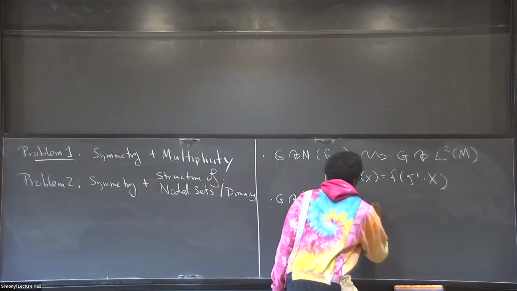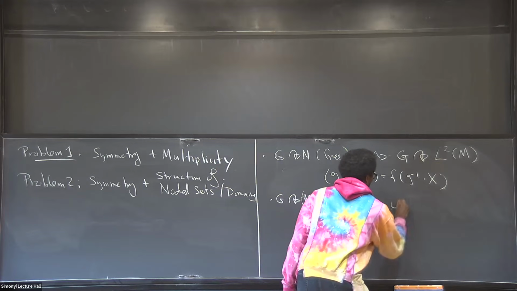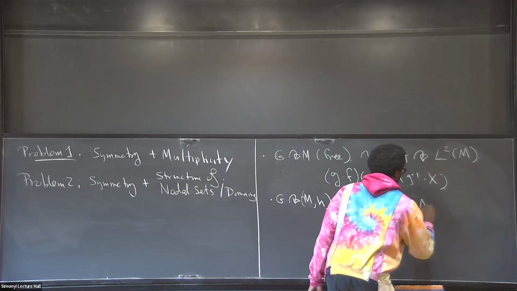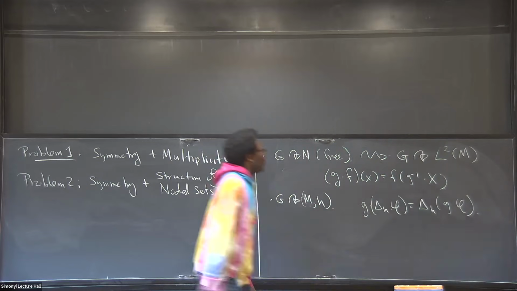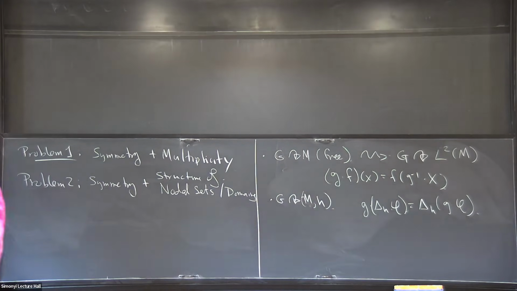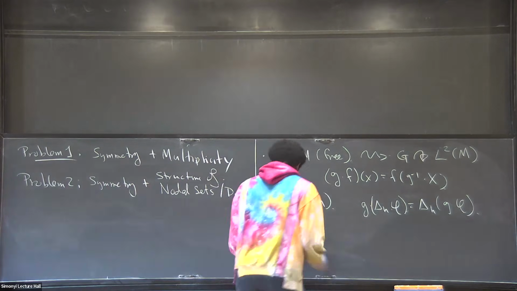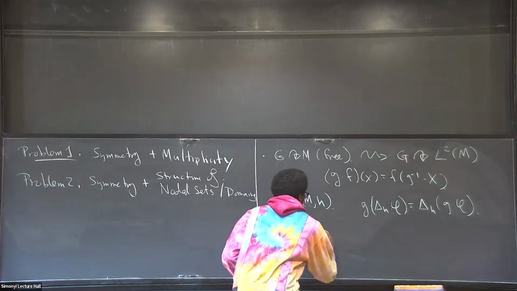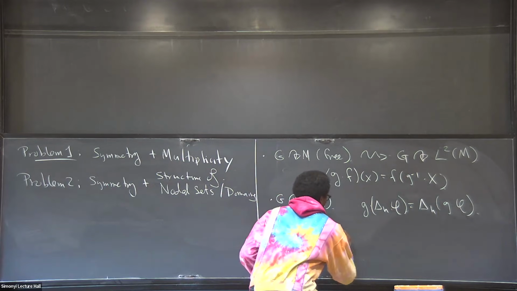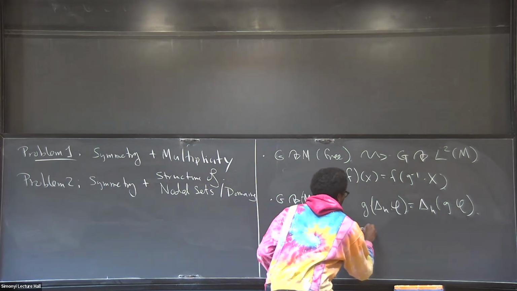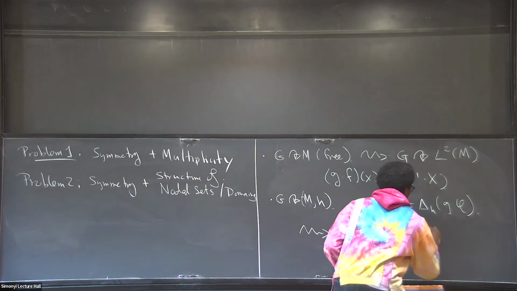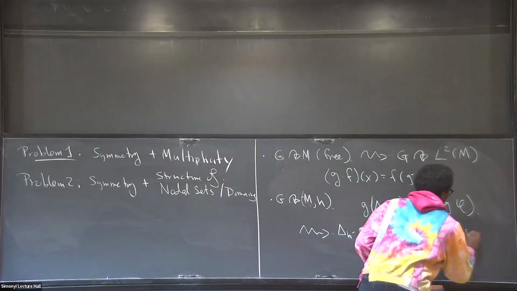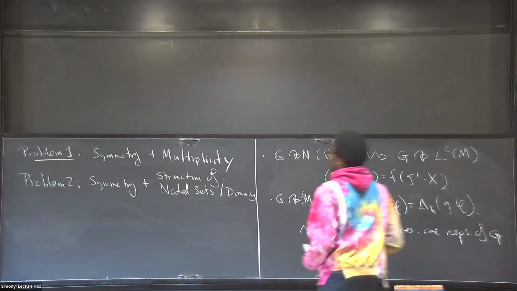So g·(Delta phi) is the same as Delta(g·phi). What that tells us is that our eigenspaces turn out to be representations of this group G: the Delta eigenspaces are representations of G.